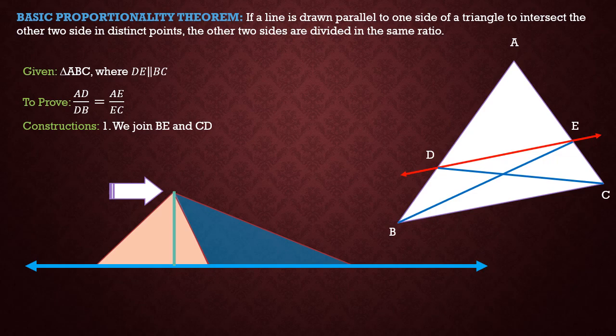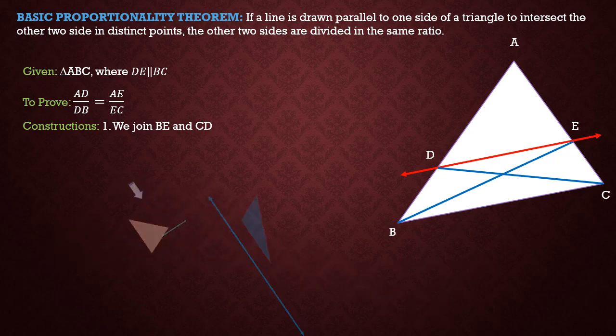Try to see the same diagram in our triangle ABC, where you will see that the triangle ADE and the triangle ECD have the bases AE and EC lying on the same line AC, and they have a common vertex D. So their altitudes will be the same.